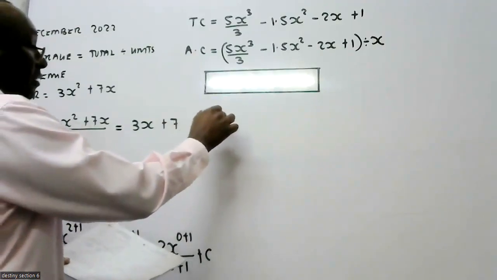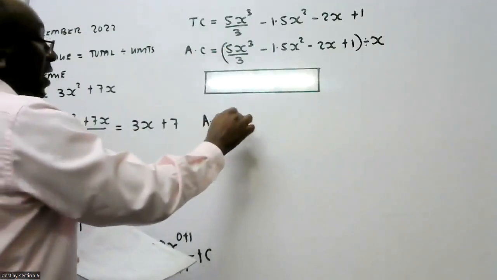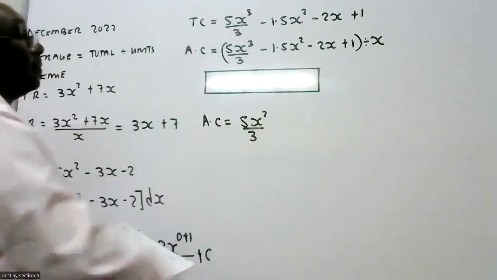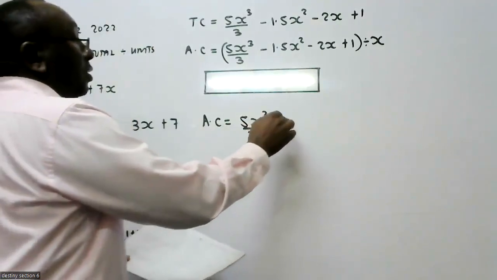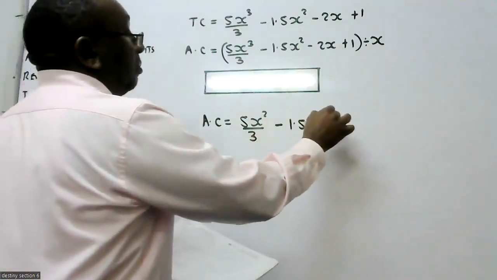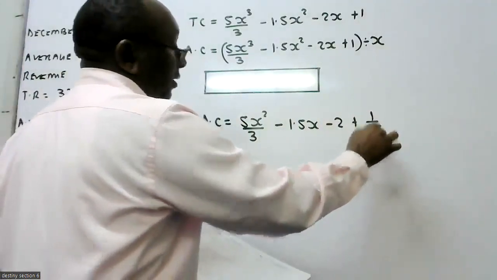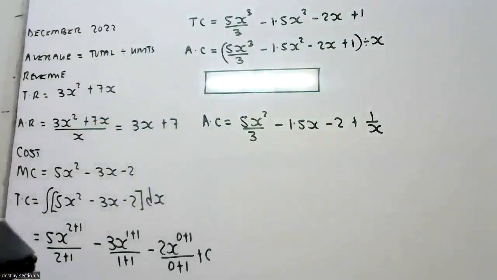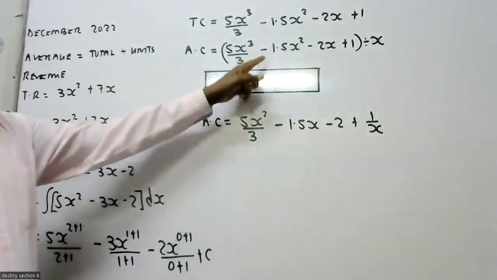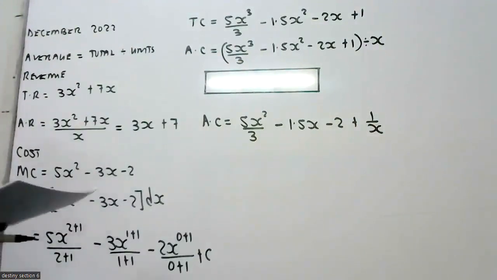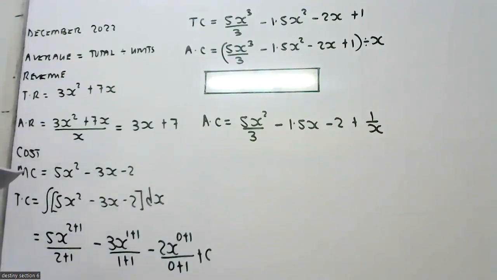So it settles as average cost: 5x squared out of 3 minus 1.5x minus 2 plus 1 out of x. When you divide this by x, this is what you get. The examiner had asked us to derive the average cost and the average revenue functions, so we have done that.